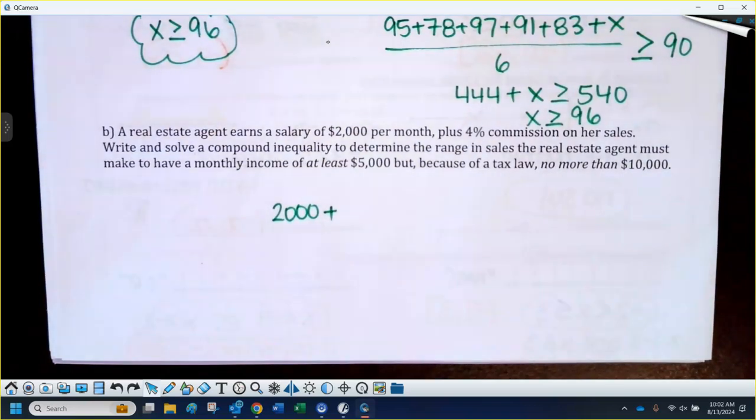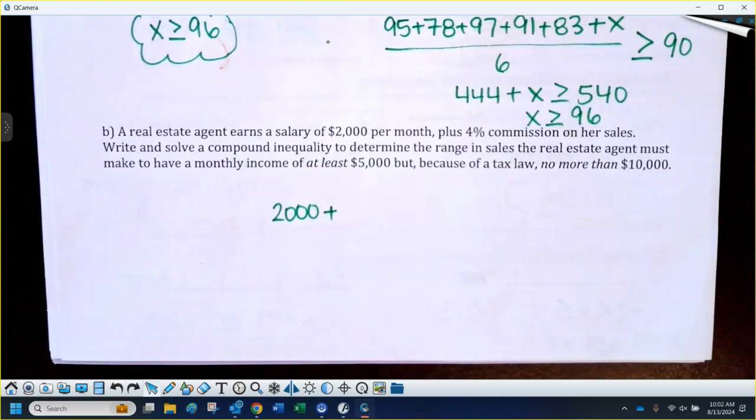Does anybody know what that means, if you work in retail, you know what it means to earn a commission on something? Exactly. Like if you went out and sold a $100,000 house, she gets a 4% commission. We would multiply 100,000 by 4%, and then we can figure out what her commission would be.